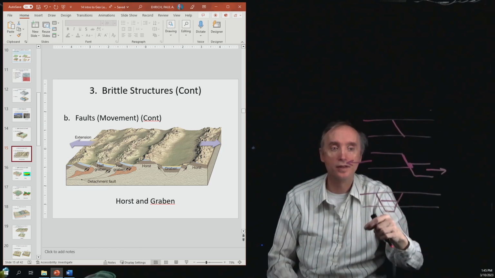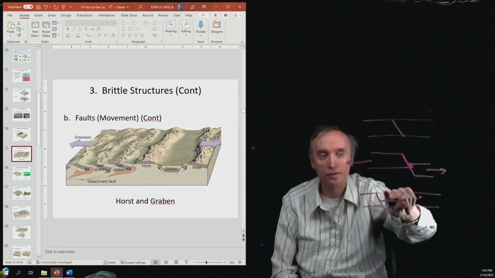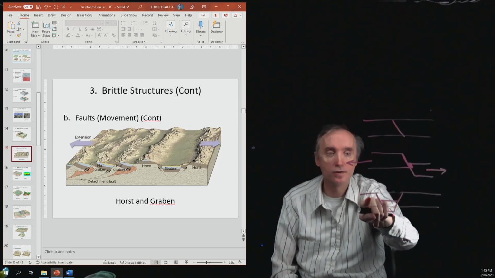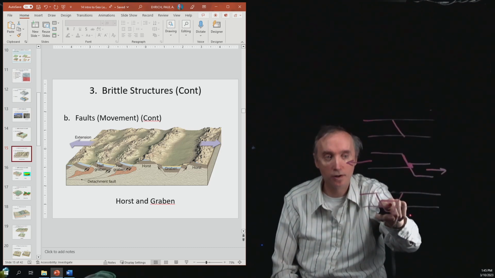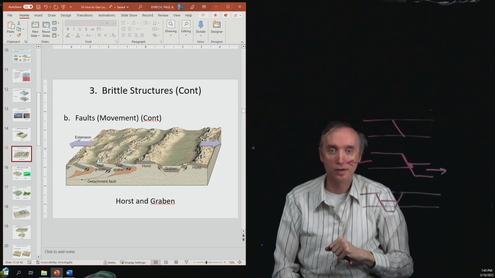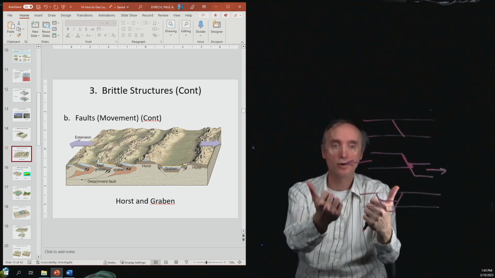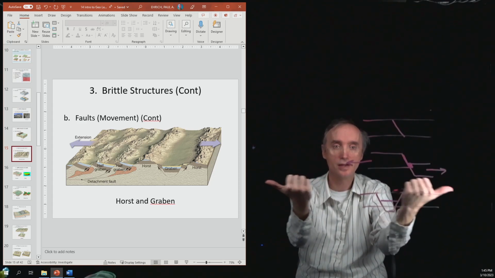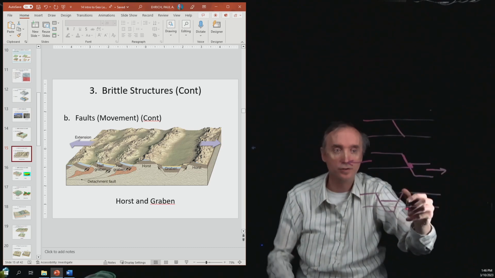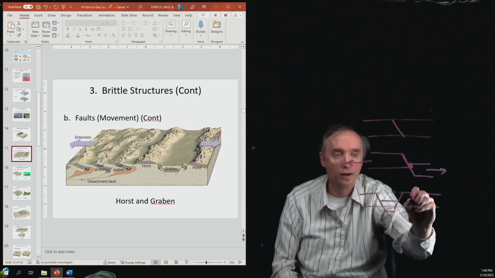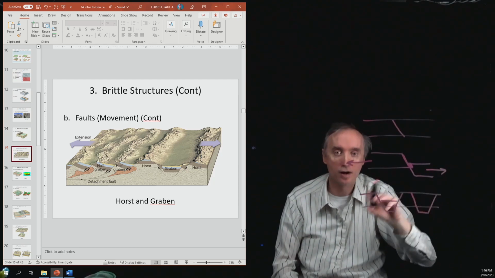This part here that sticks up, so let me get rid of this. This part that sticks up is going to be called the Horst, and this part that falls down is going to be called the Graben. If you've got a particular area where there's a lot of tension acting on it and it's being pulled apart, you could have a number of these things, so a number of Horsts and Grabens.